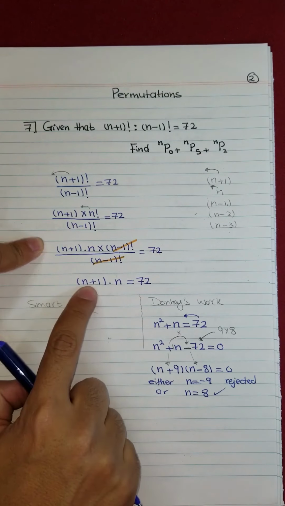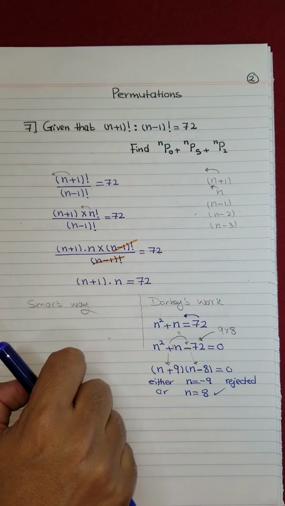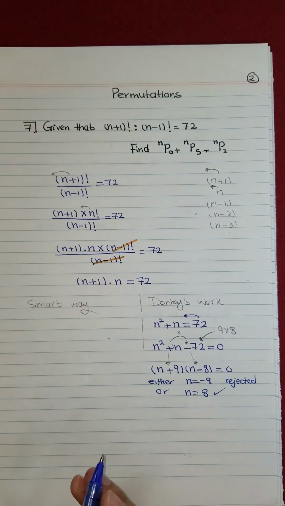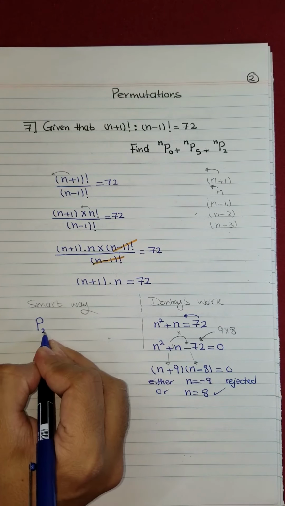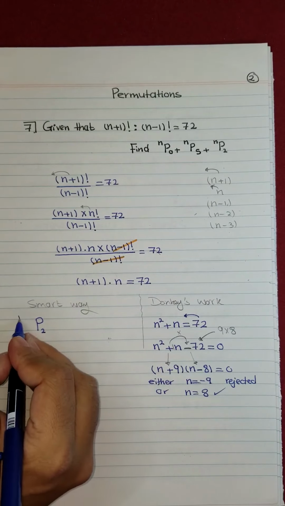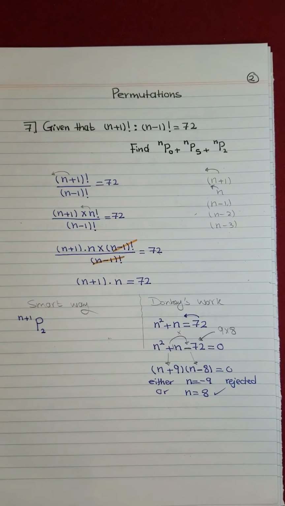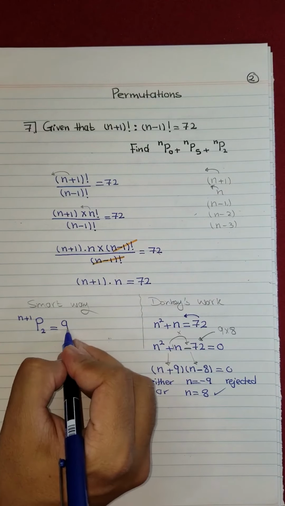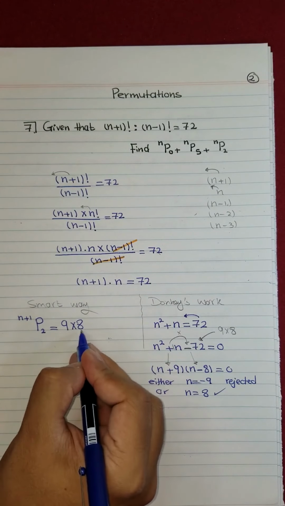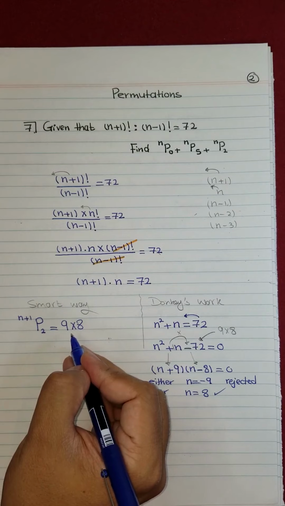N plus 1 and n, they are consecutive factors. And what does that mean? It means that we can write it as a permutation. Two factors, and the largest of them is n plus 1. Equals 72, which is 9 times 8.